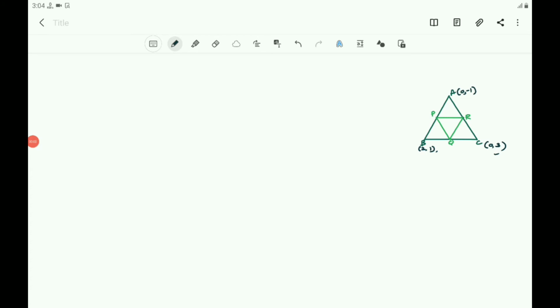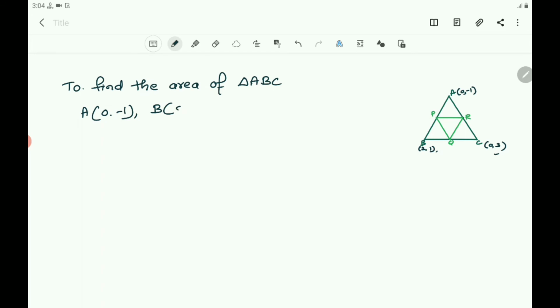Then to find the area of the triangle ABC, so A is the vertex with the coordinates 0, minus 1. B is the vertex with the coordinates 2, 1. And C is the vertex with the coordinates 0, 3.